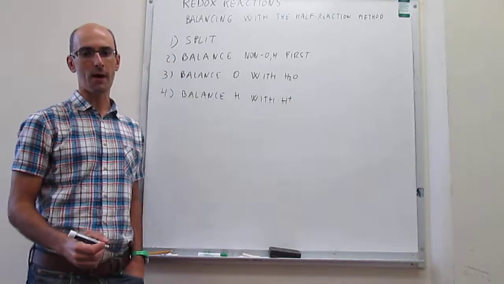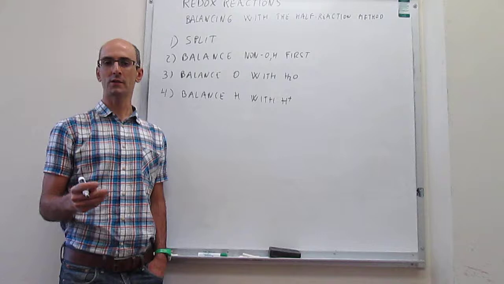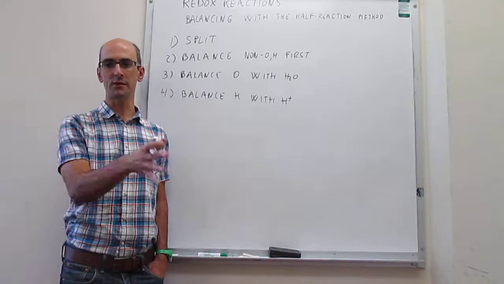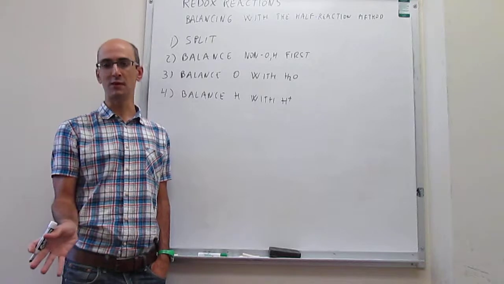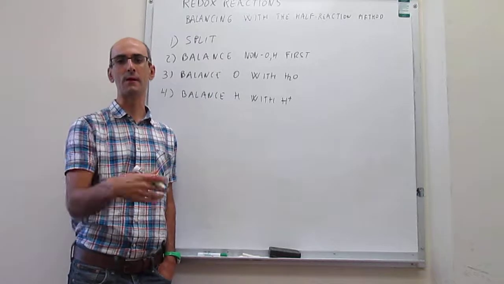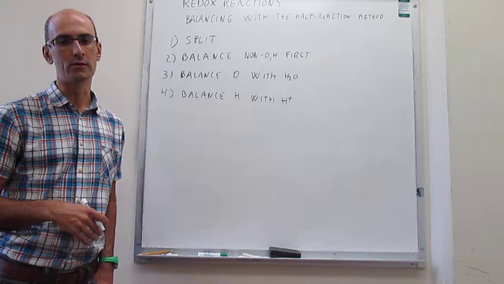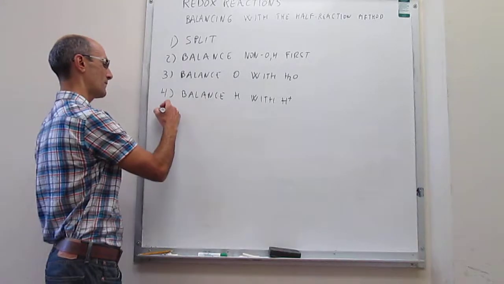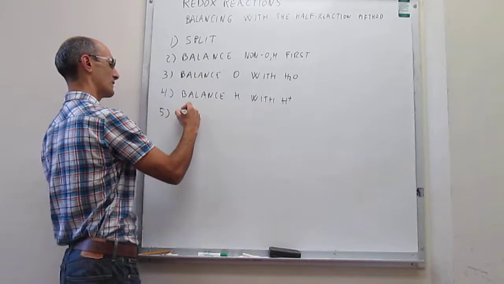Much as before, you look at the balance of hydrogens in the reagents and products, and then you add protons to the reagents or products so that you have the same number on both sides of the reaction. Now, point number 5 is to balance the charge with electrons.